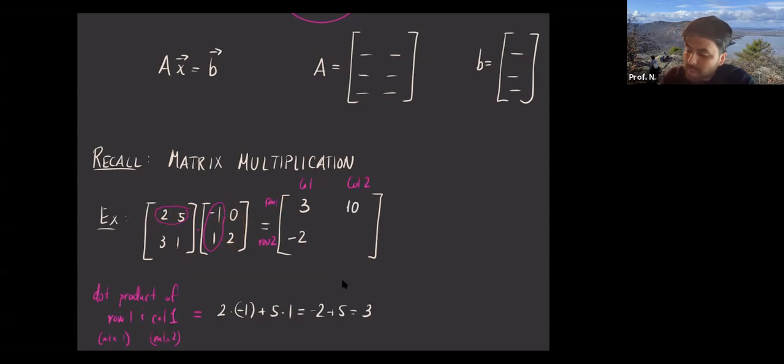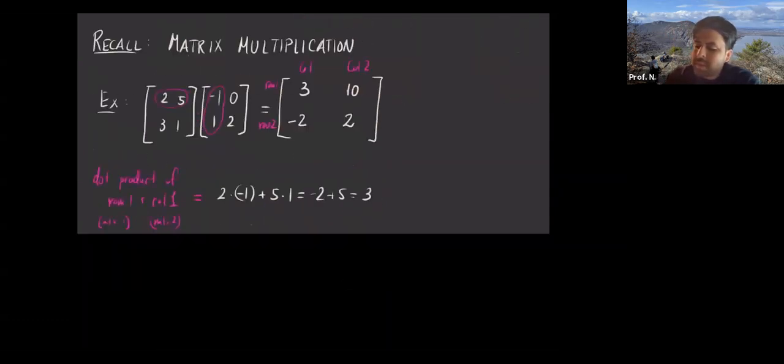The last entry is row 2, column 2: second row of the first matrix with the second column. So 3 times 0 is 0 plus 1 times 2, which is 2. So this is my result.